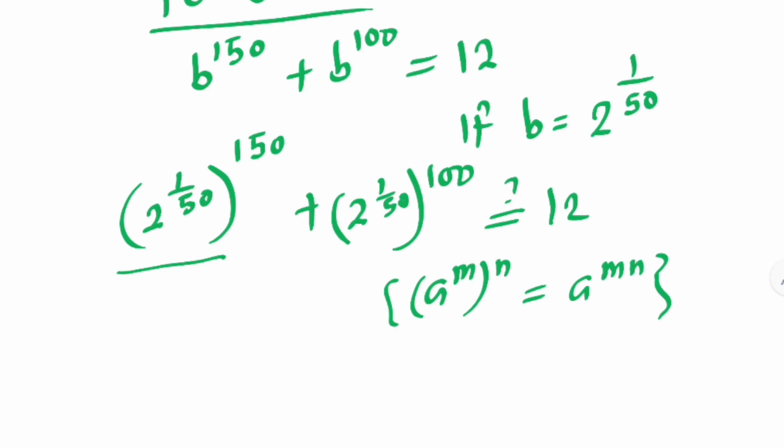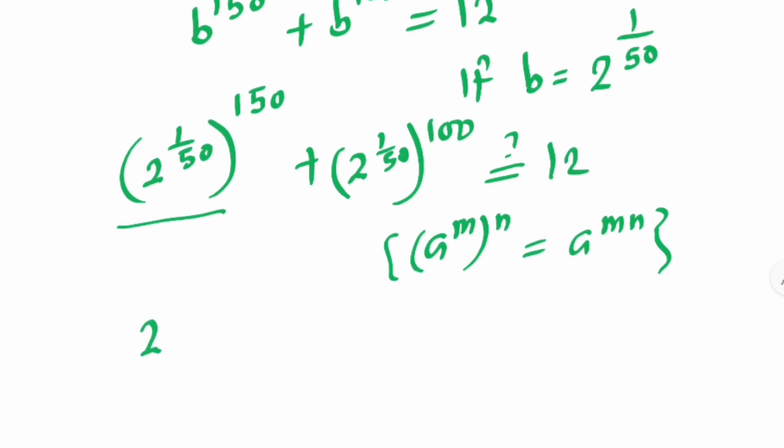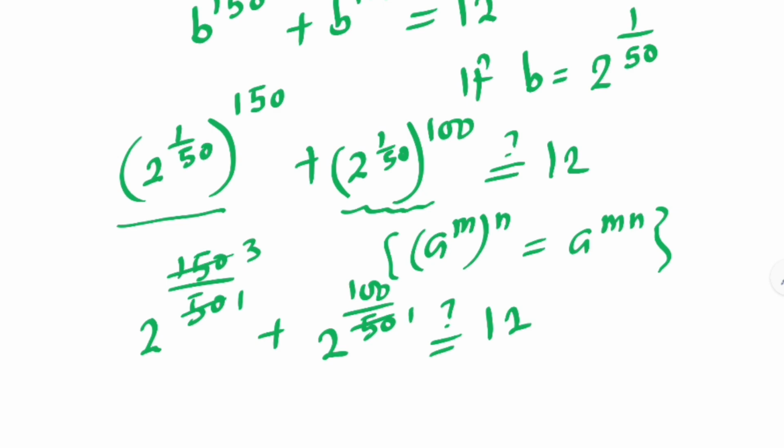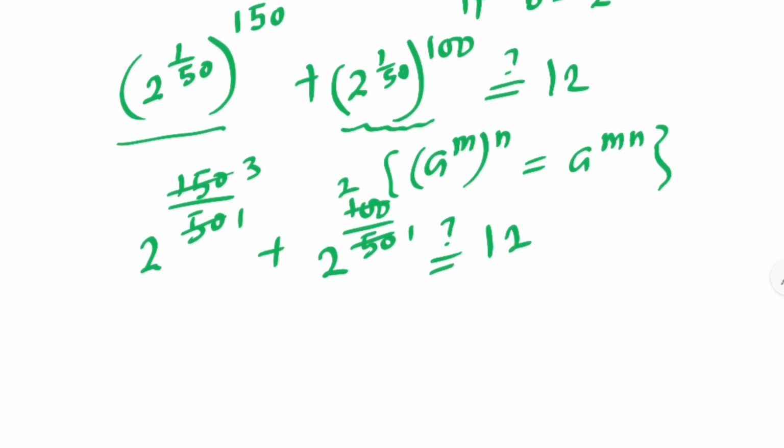This can be written as 2 raised to power 150 over 50 plus this can be written as 2 raised to power 100 over 50, which must be equal to 12. 50 here 1, 50 here 3, 50 here 1, 50 here 2.